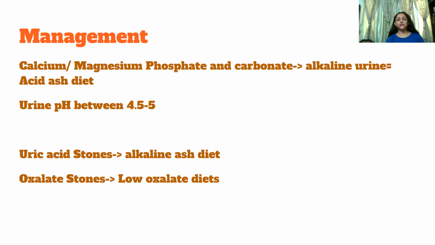We will manage the stones based on the type of the stone. So let us say calcium and magnesium phosphate and carbonate stones lead to alkaline urine. When there are phosphate and carbonate stones, the diet will be an acid ash diet, because the urine has turned alkaline.